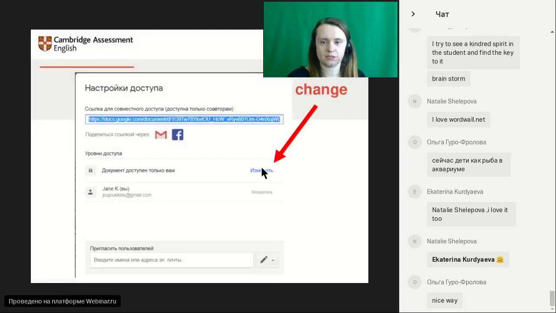So it will be this way, yeah? So you change it. I have it all in Russian. I'm not making my life more difficult. So I don't use applications in English. It's more comfortable for me. So you change it so that your students can access that too. And you work with this document.